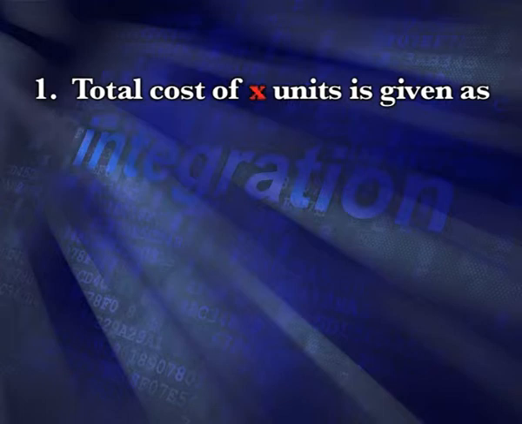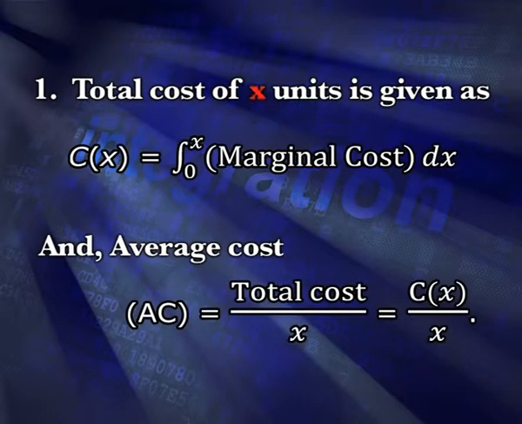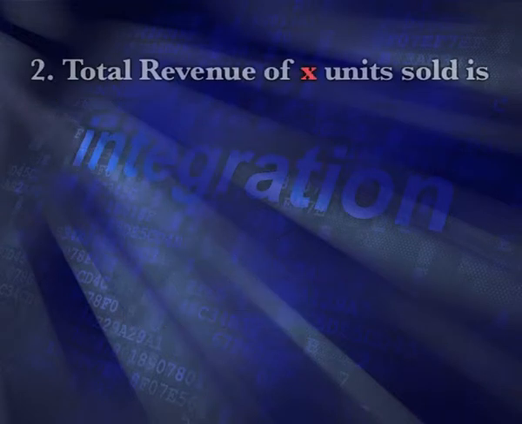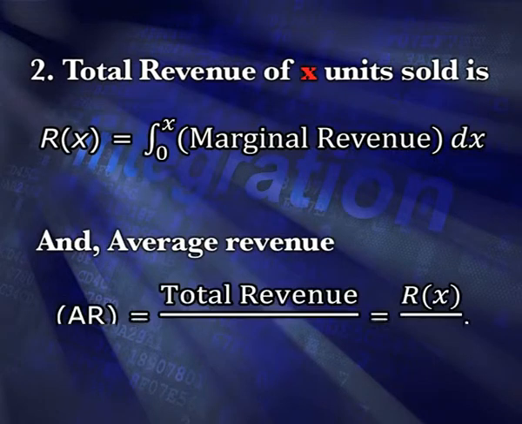Integration has a wide range of applications of definite integral problems, or in the form of applications to business and economics problems. Some are discussed as follows. First, the total cost of x units is given as capital C(x), which is equal to the integration from 0 to x of marginal cost dx, and the average cost AC is equal to total cost divided by x, which is C(x)/x. Second, the total revenue of x units sold is given as capital R(x).